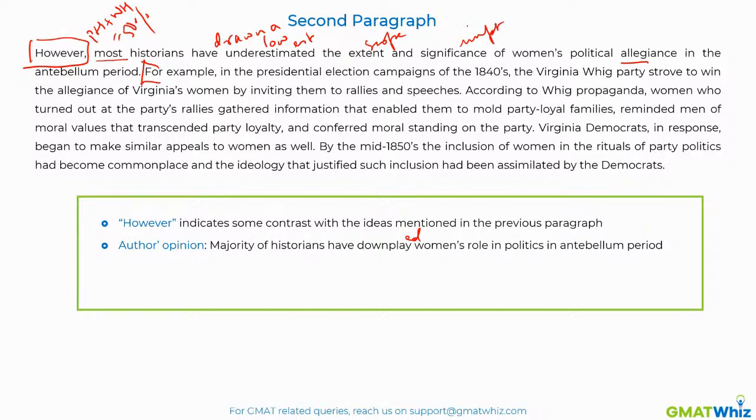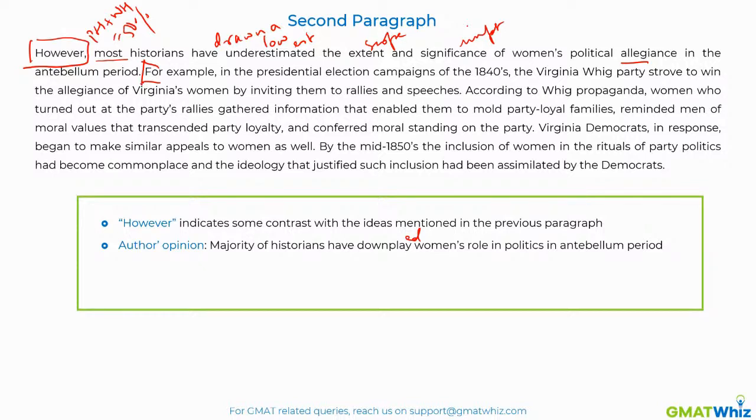Why do you think the author is giving this example here? Well, the author wants to probably display how these historians have drawn a low estimate of the importance of women in politics in the antebellum period.